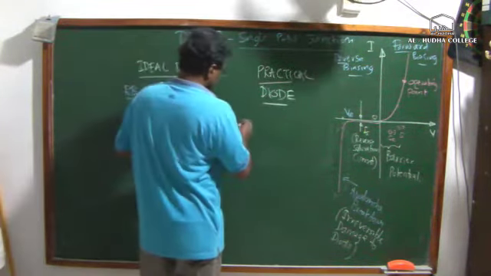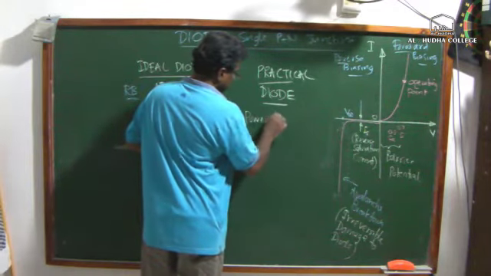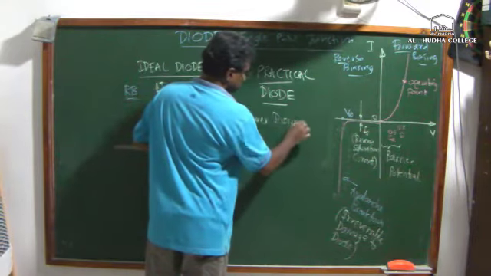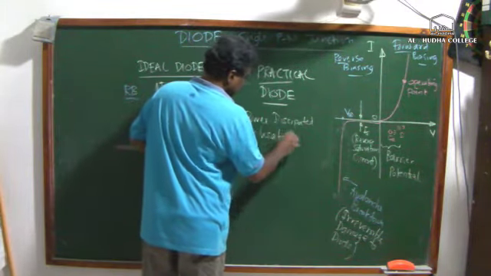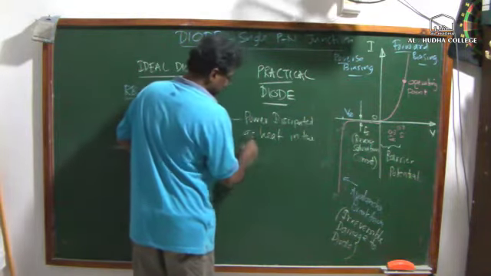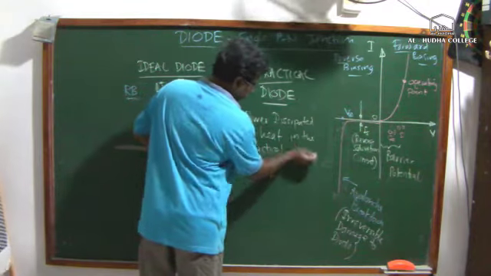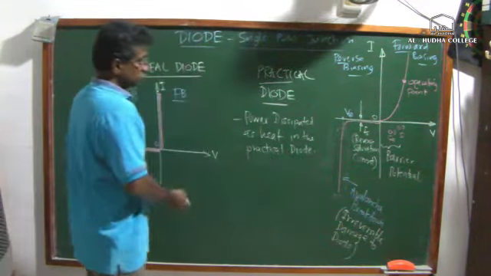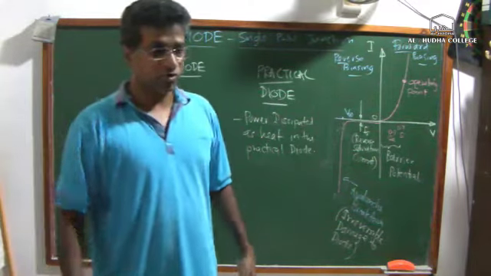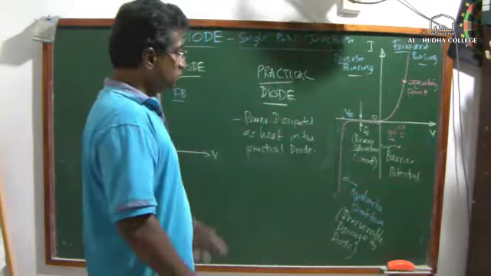So power is dissipated as heat in the practical diode. That will form a limitation to the operation of the diode, right? So we will have to have different ratings of diode for different applications.